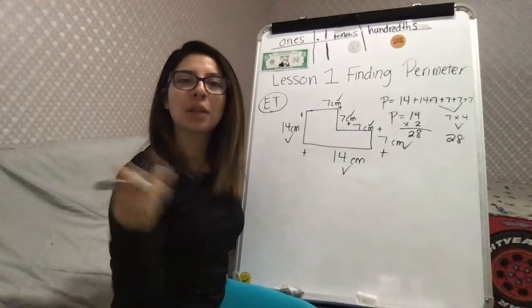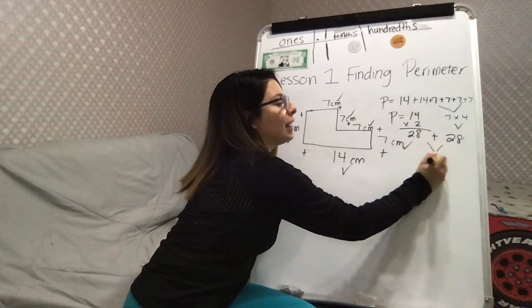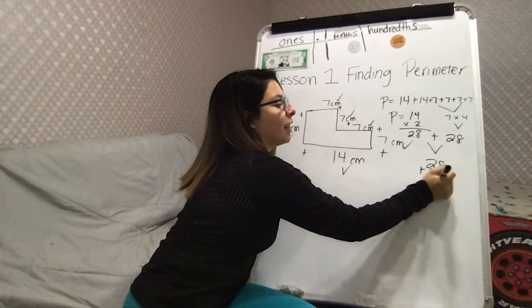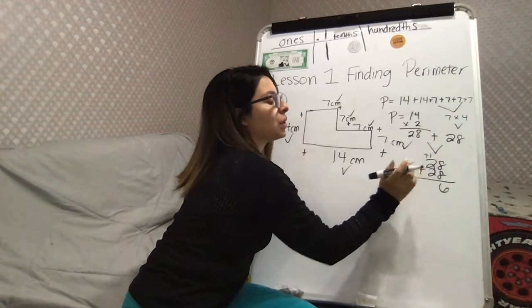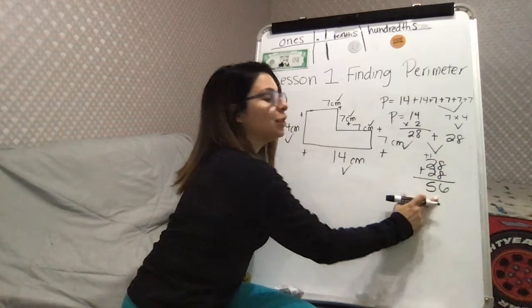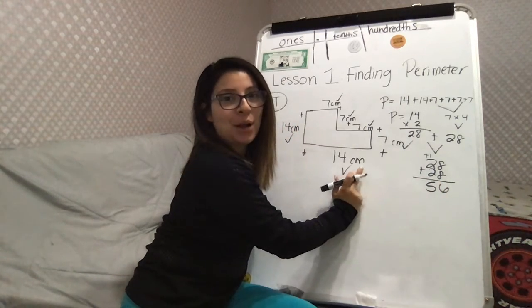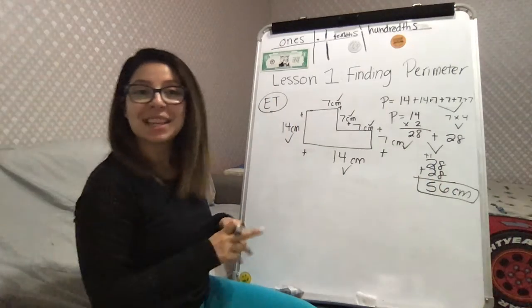I hope you're keeping up, guys. This should be a review. 28 plus 28, let's find it. 8 plus 8, or 8 times 2 is 16. Carry your 10. 2 plus 2 tens is 4, plus 1 more 10 is 5. Don't leave it as 56. Put on that unit, which is centimeters. And 56 was your answer there.